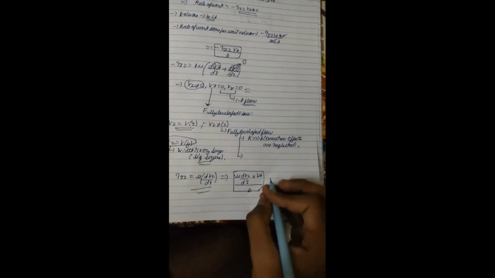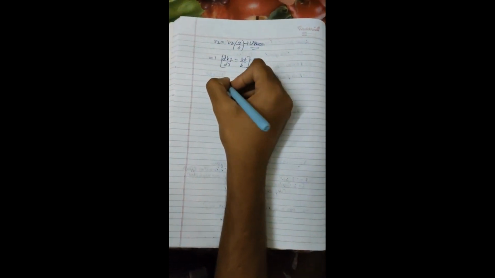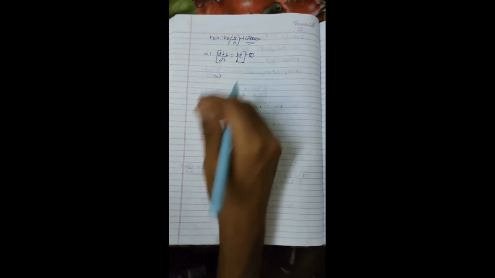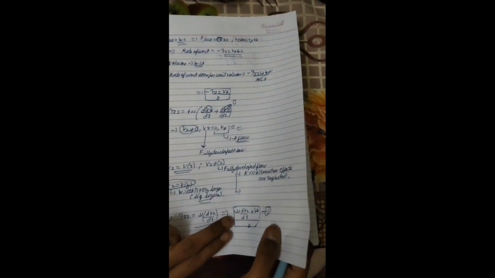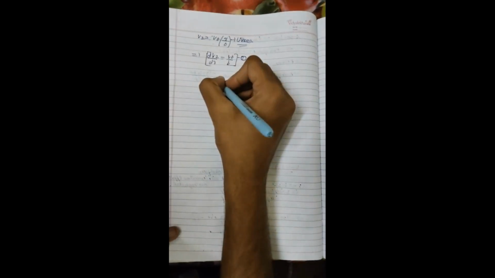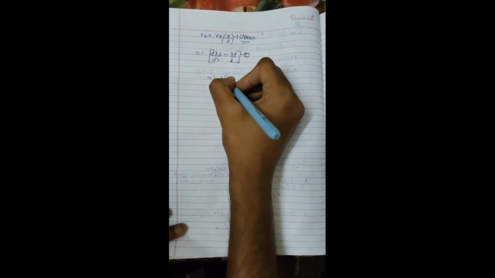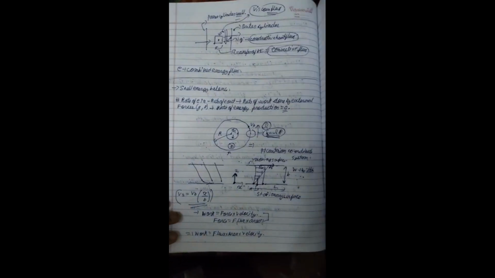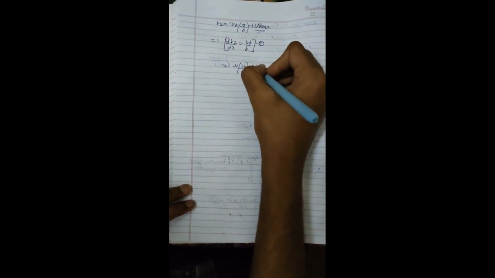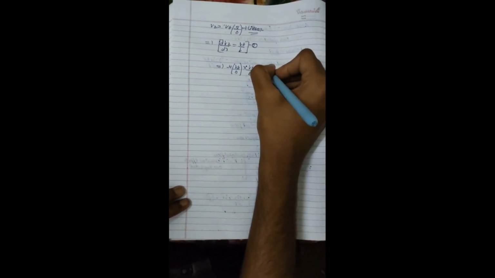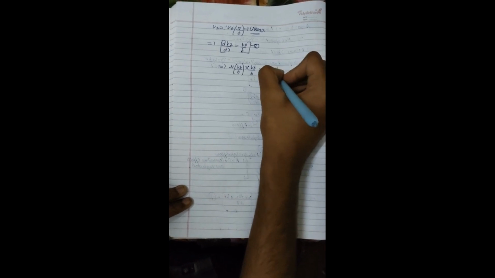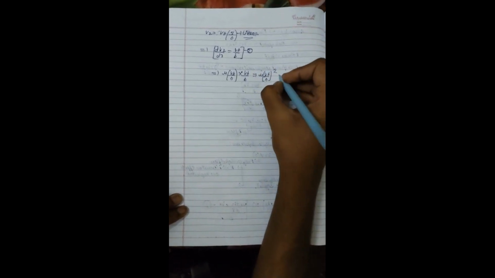Name it as equation 2, and we have equation 1 here. So let's put this value here. Suppose you have put mu, so that is mu VB by b into VB by b. That's nothing but mu VB by b whole square.